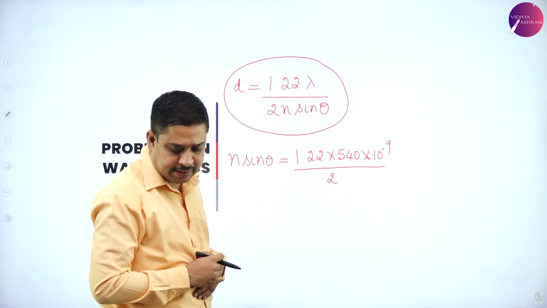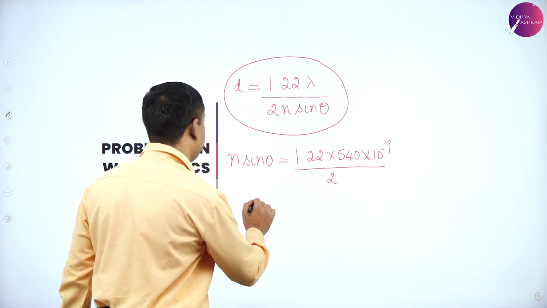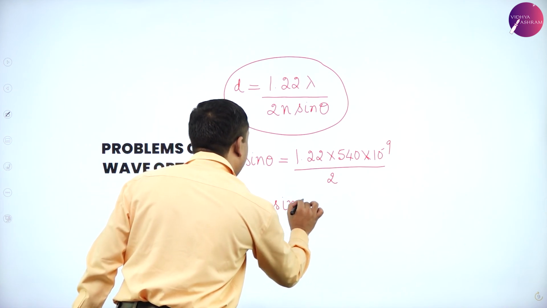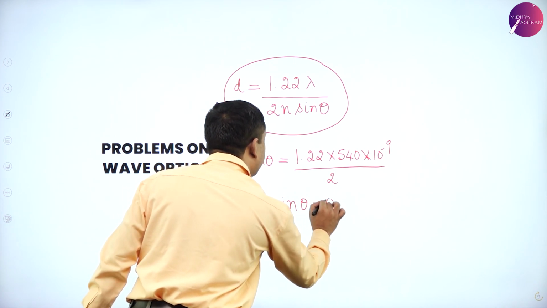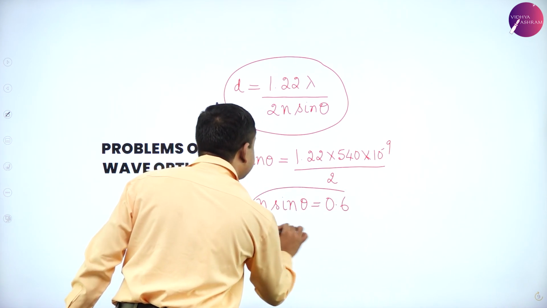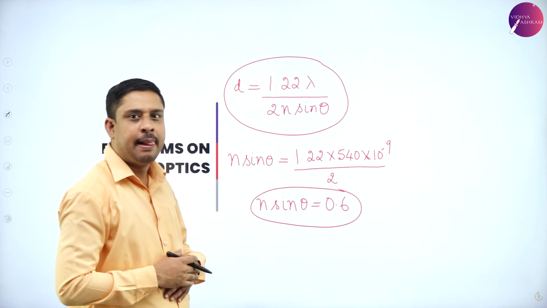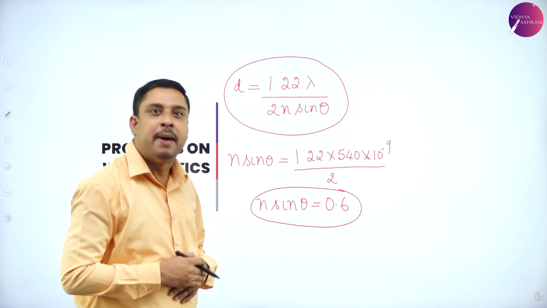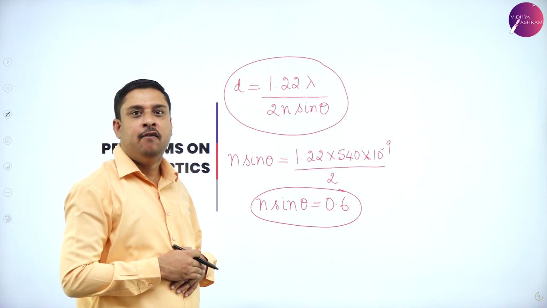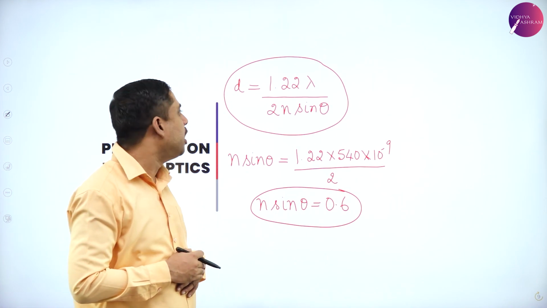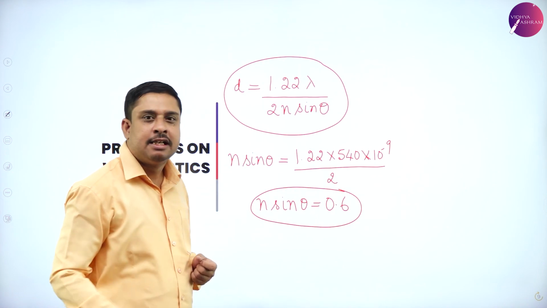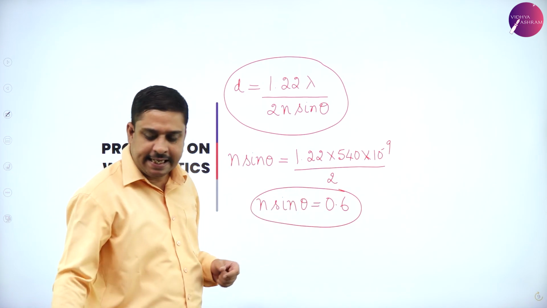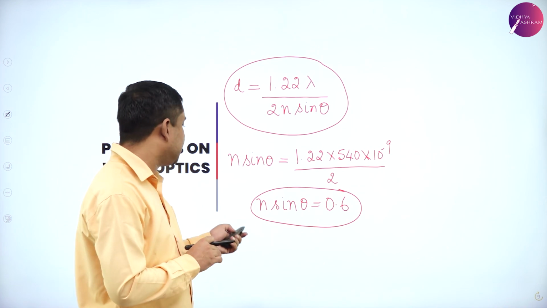So on simplification, n sin theta turns out to be 0.6. So in the first case, for microscope with luminous point objects, the numerical aperture, n sin theta, is 0.6.